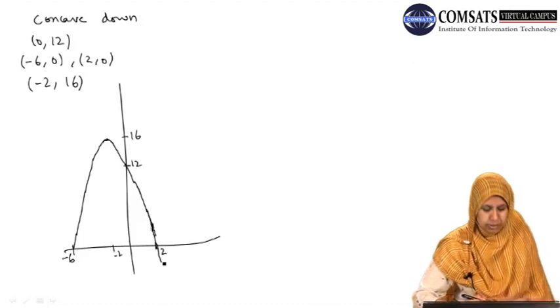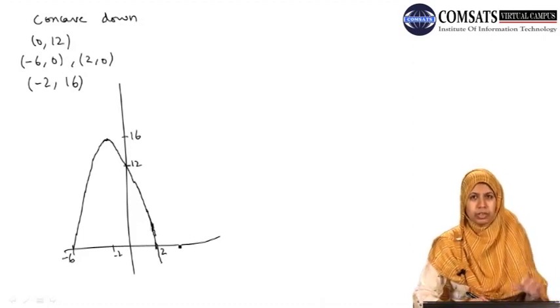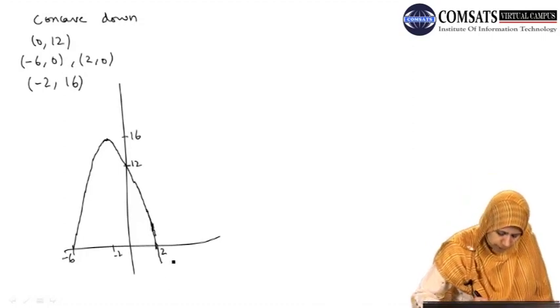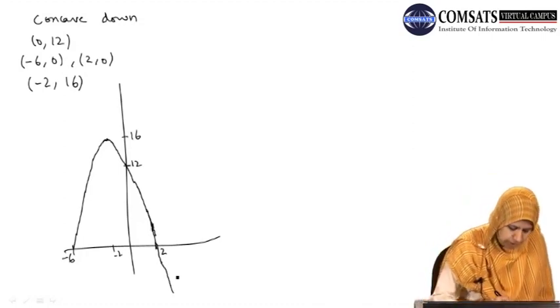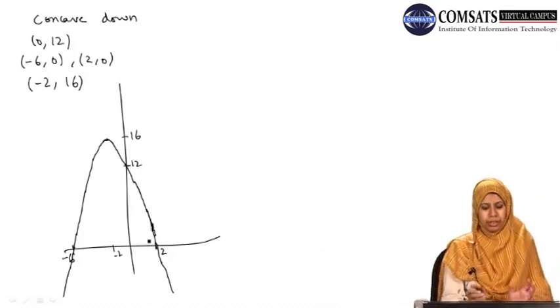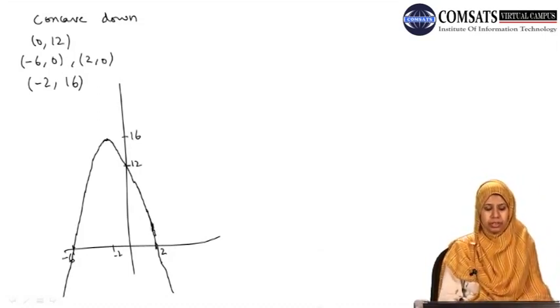Since the graph should be concave down, that is open from the bottom, extending this line and extending this line, we obtain the graph of our given quadratic function.